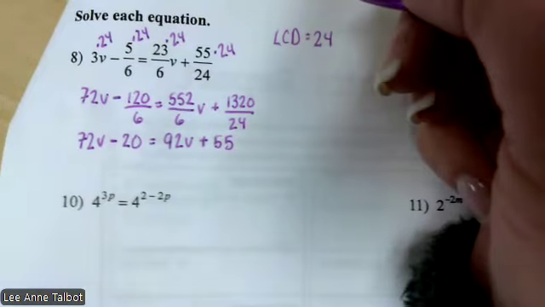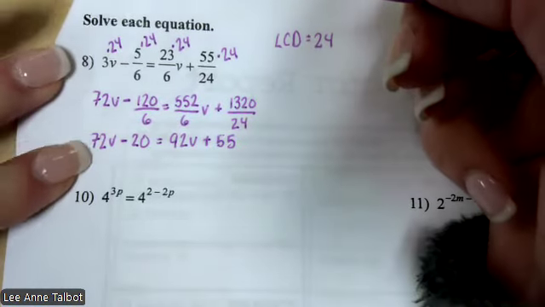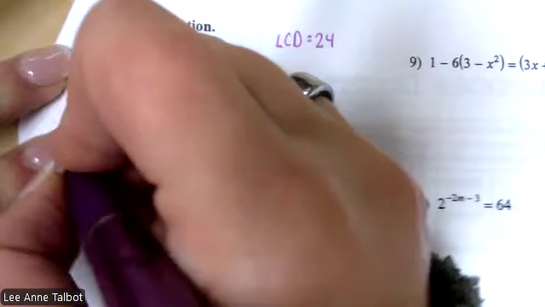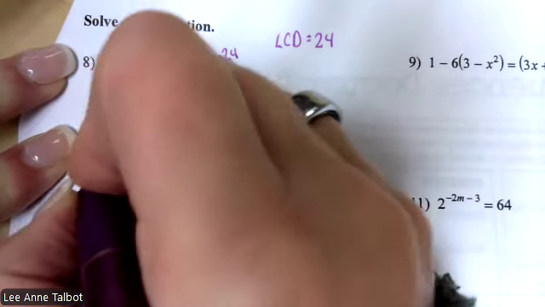Okay, now when I have variables on both sides, I like to undo the smallest thing with a letter first. So minus 72v.